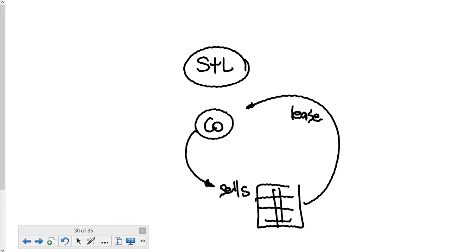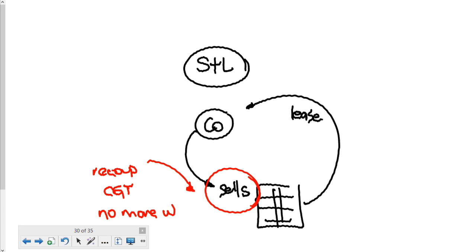SARS sees that when you have a sale and leaseback, you have sold a machine. So what are the implications of selling a machine? Recoup and CGT. Do you agree? SARS says you've sold a machine: recoupment and CGT, no more wear and tear.